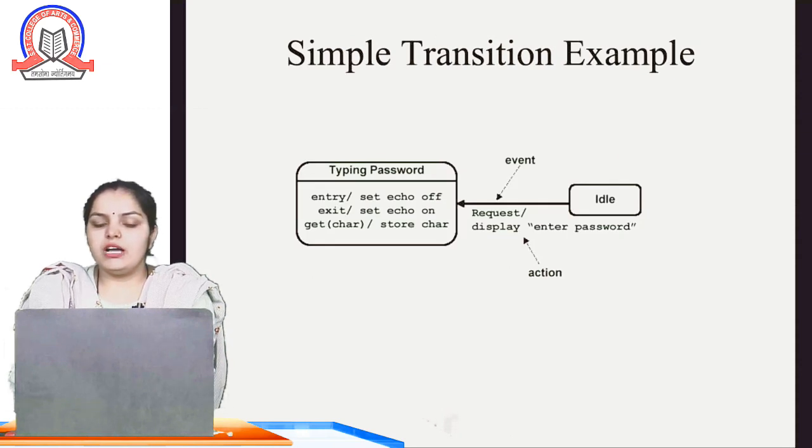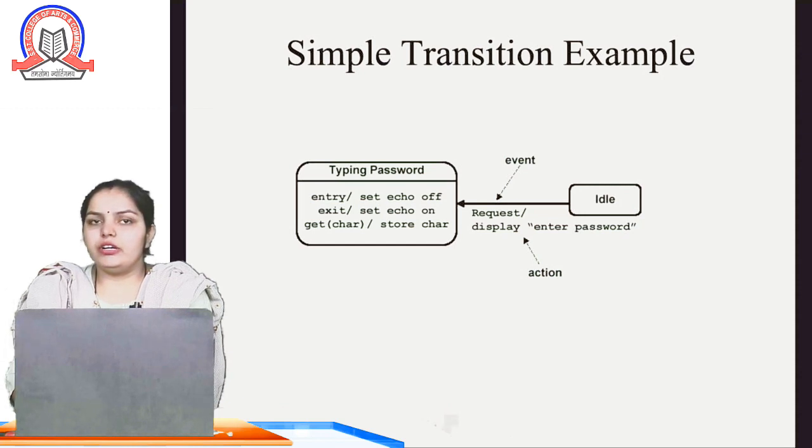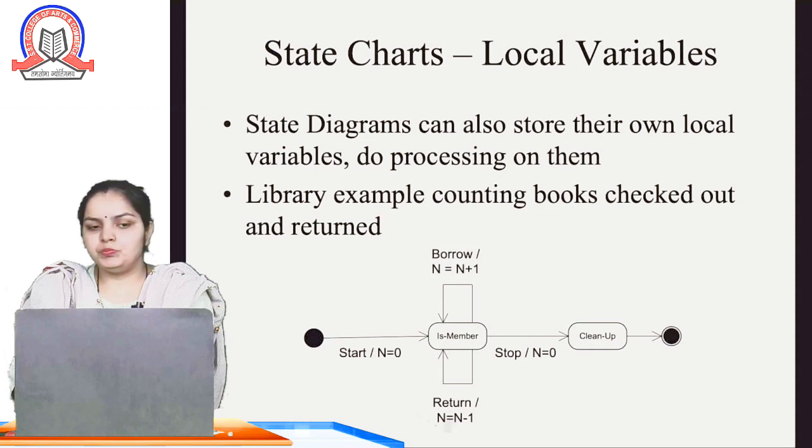Here is one more example for the state transition diagram. Typing password and the idle process are there. When we start, we enter the password and request the display of the action, and then for typing password, it checks the entry or exit criteria and gives you the output.